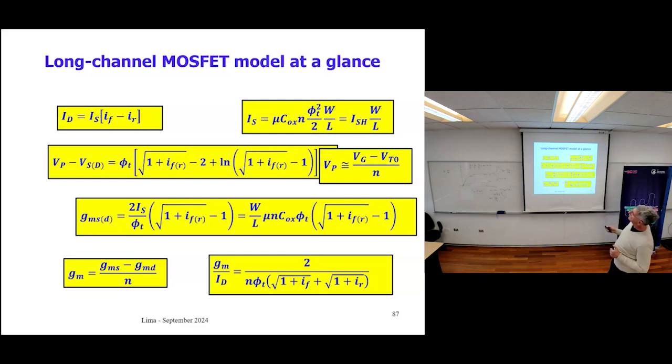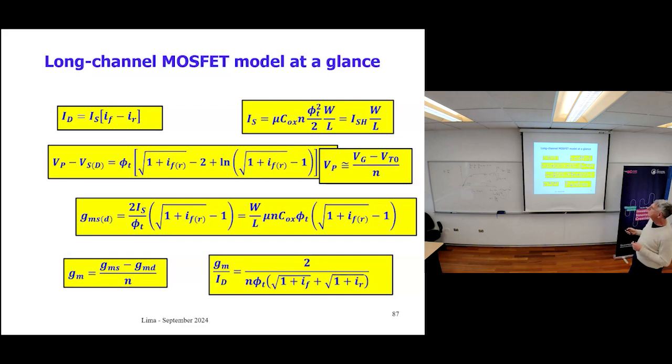The other one is inside the pinch-off voltage, VT. You also have N. So IS, VT, and N are the basic parameters for the long channel device. Then we add two more.